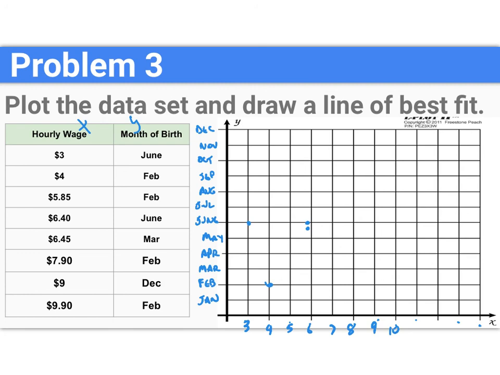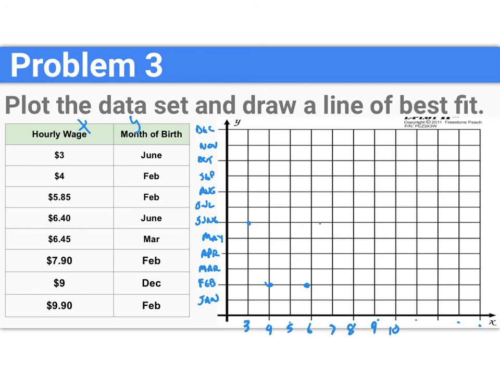Hopefully I can reach that point. Okay. 640. Wait, hold on. I'm sorry. $5.85 was February. Close to $6. $6.40 was June.